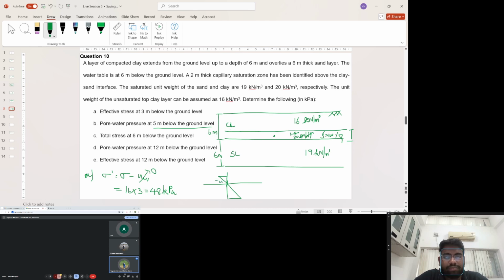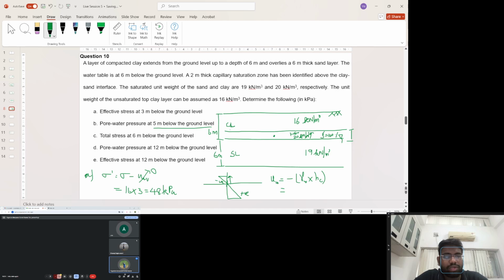This is negative, this is positive. The pore water pressure will be computed from this, by assuming this as reference. So the pore water pressure for a capillary zone is minus gamma W into Hc at a particular point.